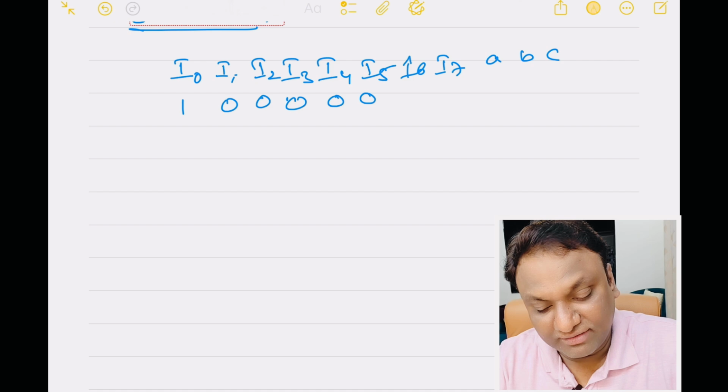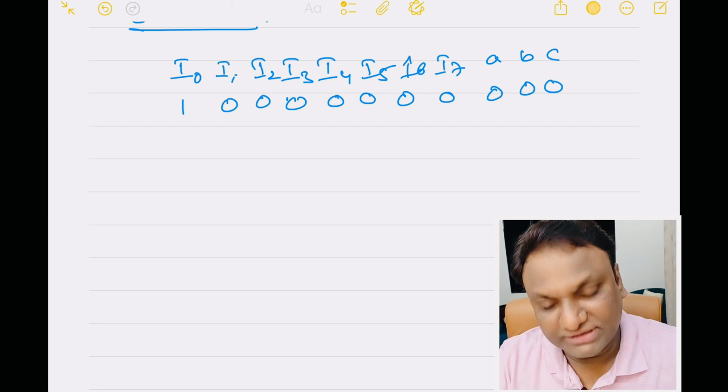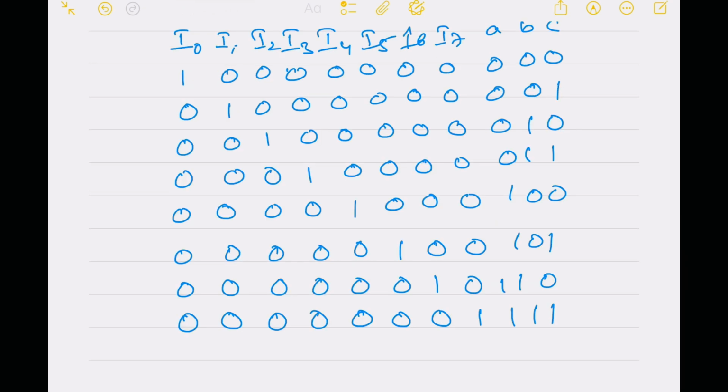When I have 1 0 0 0 0 0 0 0, the outputs will be 0 0 0. You can see the 8 to 3 encoder here. In the same way, you can define the outputs for A, B and C and draw it.